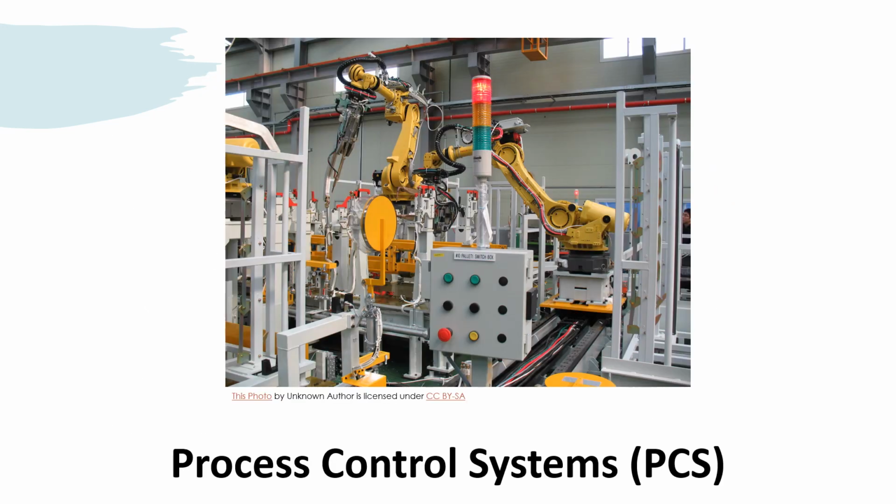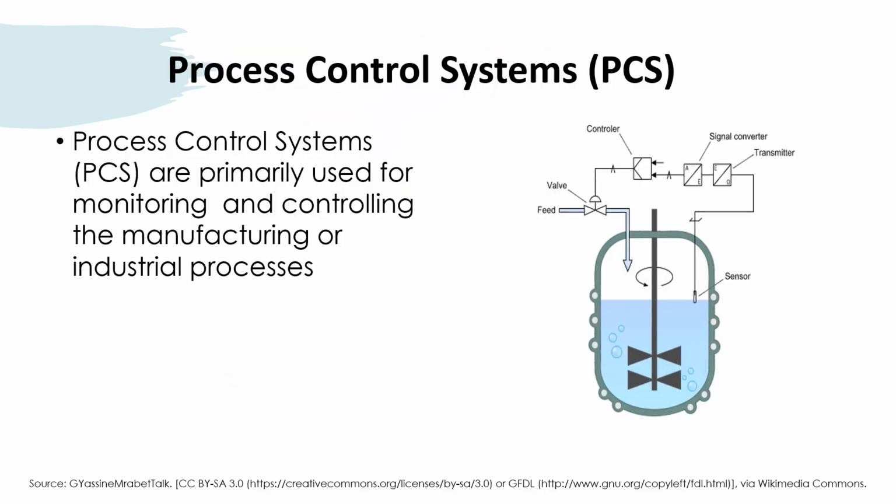In this section, we will look into the details of process control systems, or PCS. Process control systems, PCS, are primarily used for electronically monitoring and controlling the manufacturing or industrial processes.